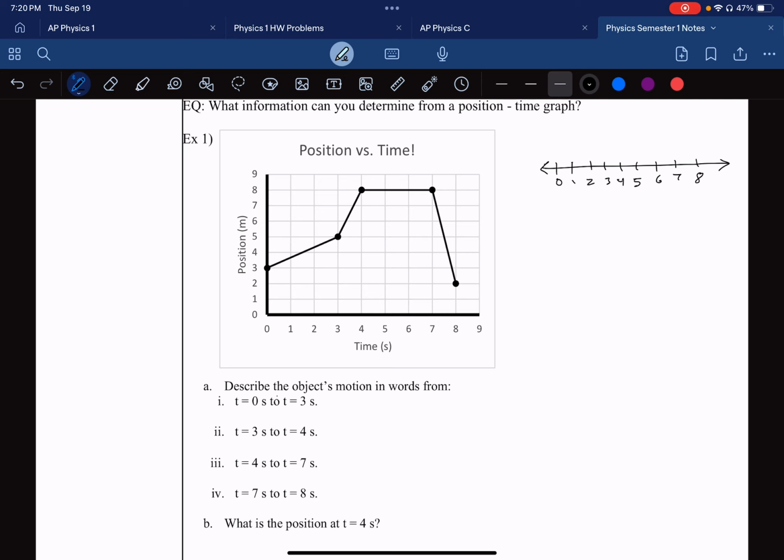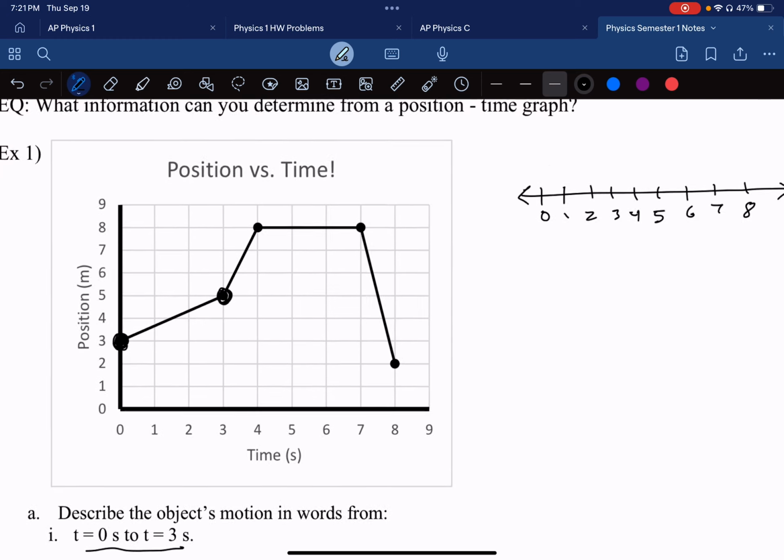So from 0 to 3 seconds, we look at 0 and 3 seconds, and we look at the positions at those times. Here's the position at 0 seconds, and here's the position at 3 seconds. So at the start of the clock, the object is at position 3. I'm going to draw a little person here.